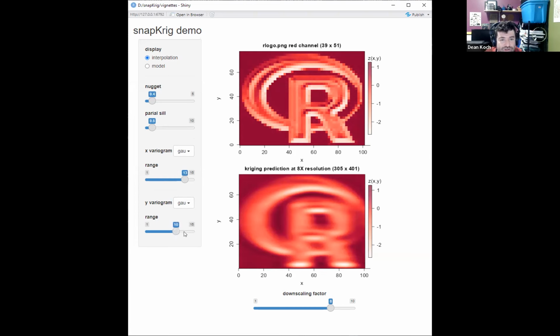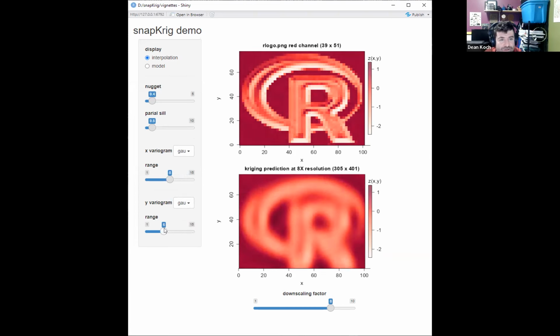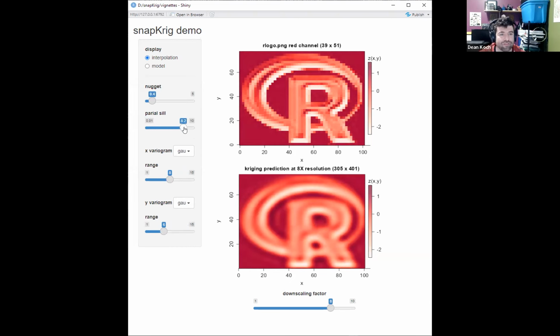And we could do the same thing in the vertical direction. And then we have these parameters for partial sill and nugget. And these are controlling the covariance structure of the spatial error and also of the measurement error that we assume exists in all of our observed points.